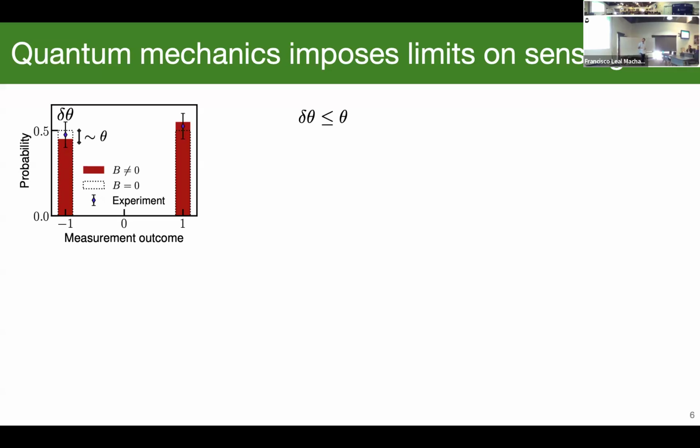Because I'm doing these experiments, I always have uncertainty in my ability to estimate this probability distribution. And to say that I'm able to measure a particular parameter fundamentally tells me that my uncertainty has to be smaller.